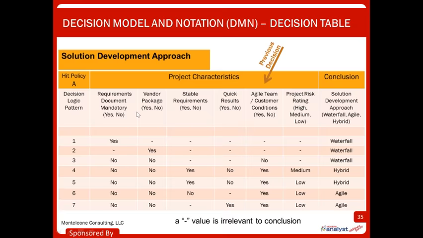There are all these various different ones. In addition to that, there's one here with yes and no's as a result from a previous decision. That was the Agile team customer conditions, yes or no. And then there was also maybe a project risk rating that also came from the input.